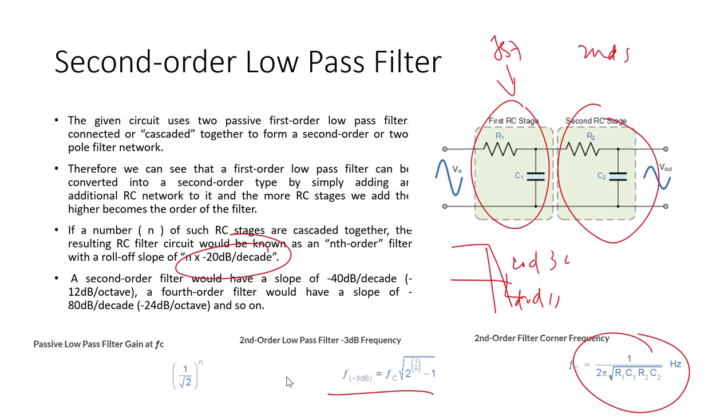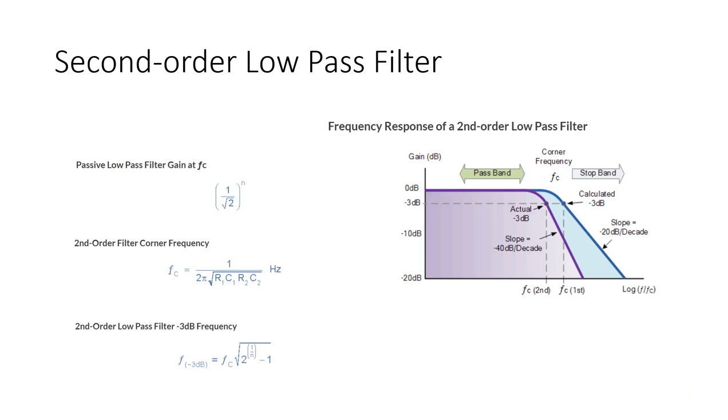Okay, and the passive low pass filter gain is 1 over under root. For the first filter it was 1 over 2, but now it is the whole n. N is 2 here because these are 2 filters. It can be 2, 3, 4, 5 for nth order. So this is the second order low pass filter. Let's discuss its graph.